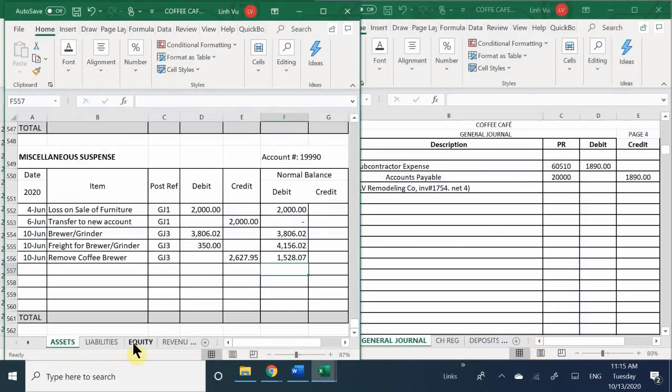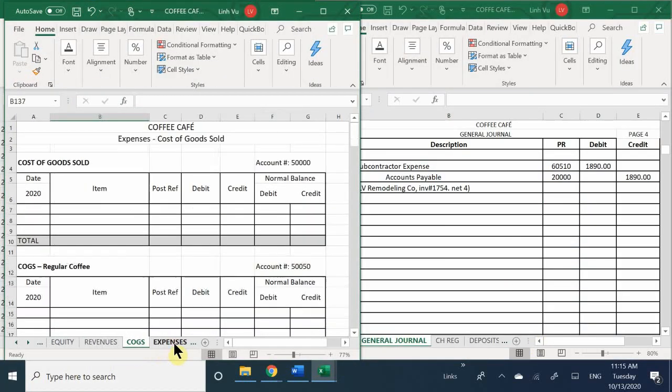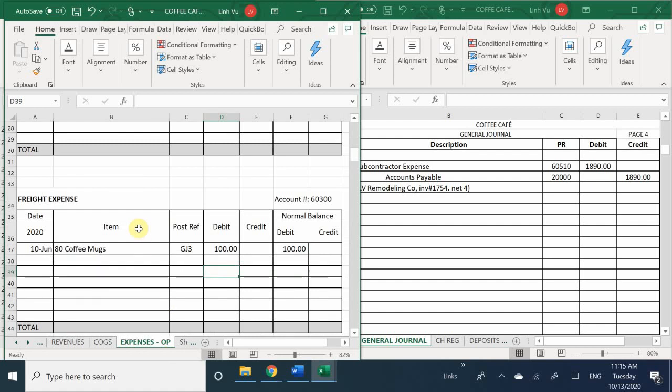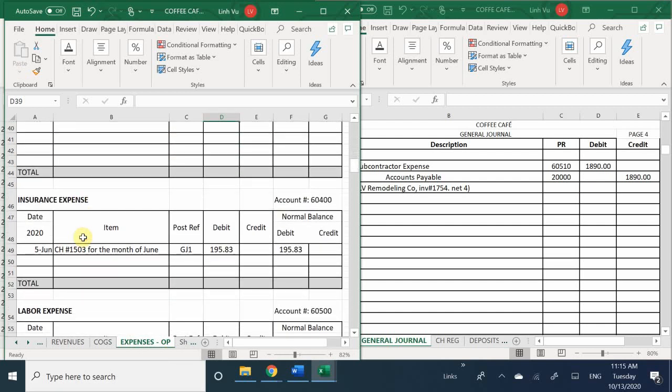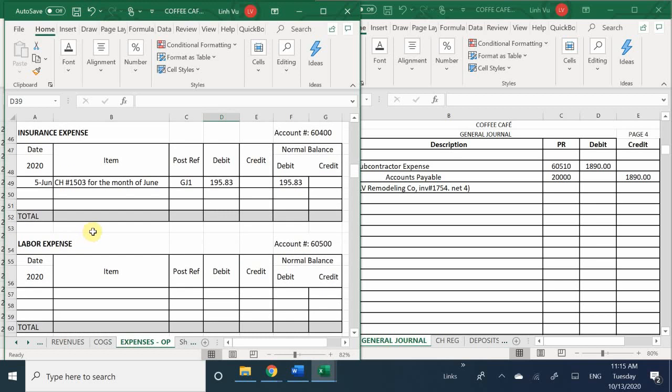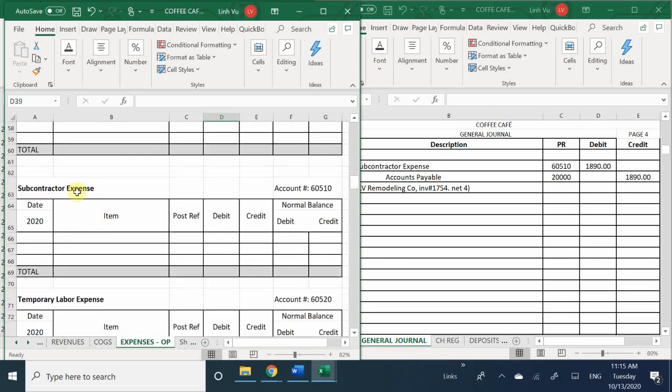Okay, so we now have a new expense, which is going to be our subcontractor expense. That's actually going to fall under the main category of labor expense. So right here it is. So June 11, all right. You can write invoice number 1754.